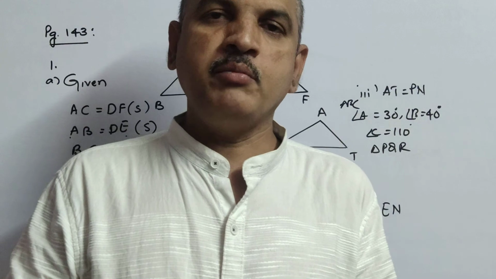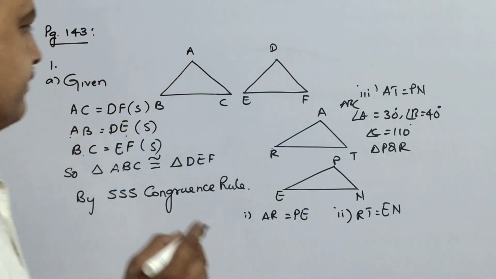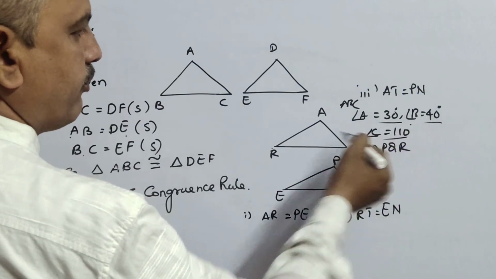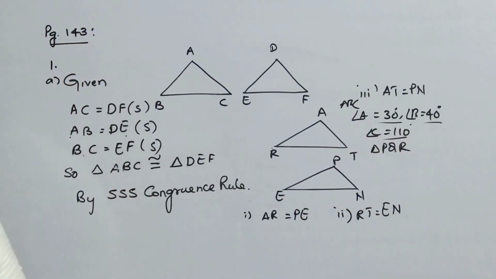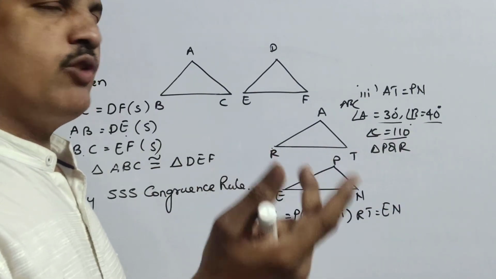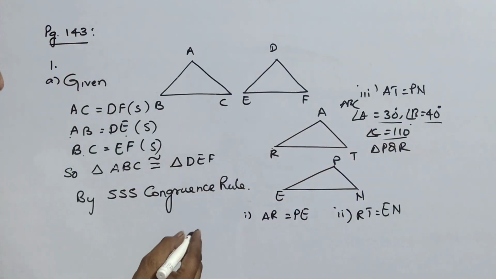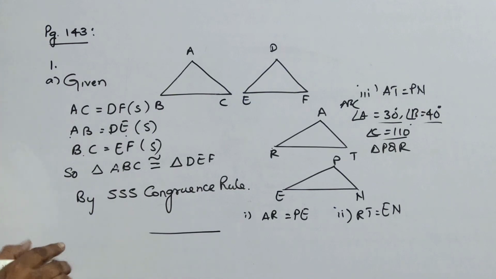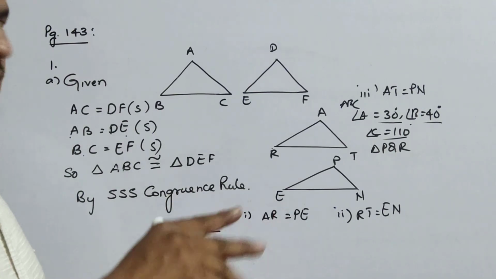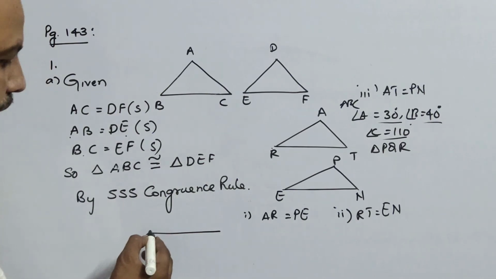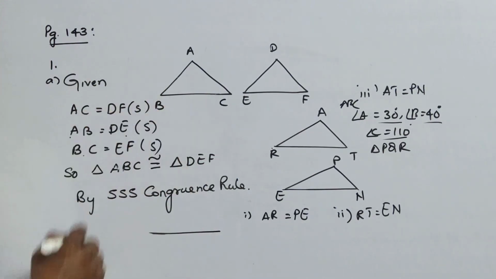First of all, you just tell me, when he has given all the angles 30, 40, 110, how we are going to draw? First of all, 30, 40, 110 without the base. That means without a base, you cannot construct a house. So similarly, without having a side, at least one side should be given.